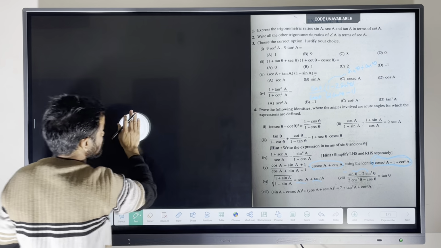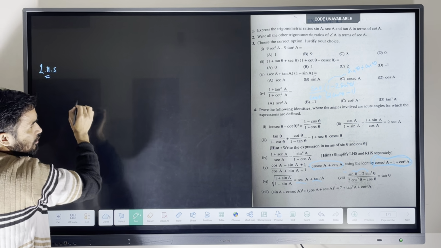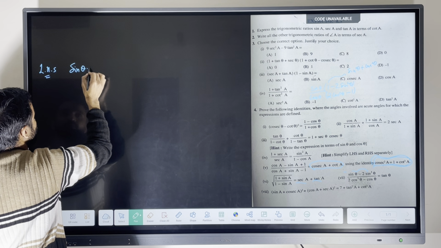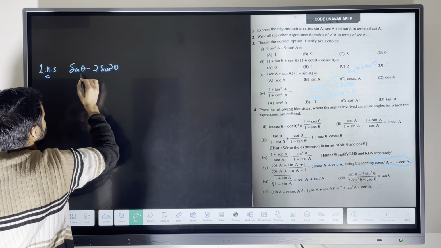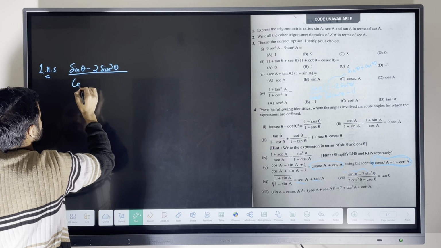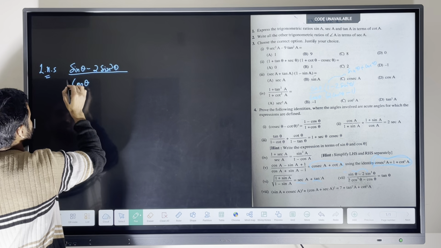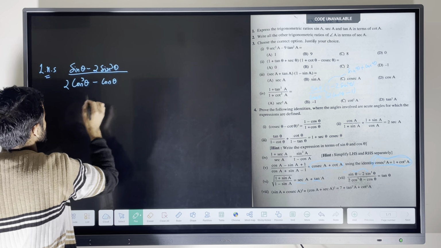So the question is, the left hand side is sin theta minus 2 sin cube theta upon 2 cos cube theta minus cos theta.